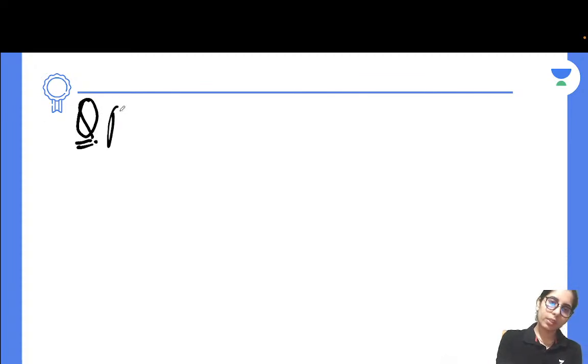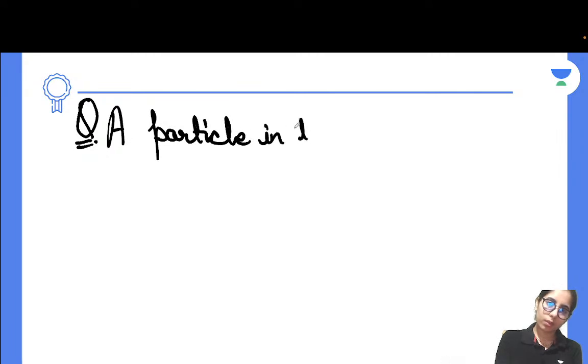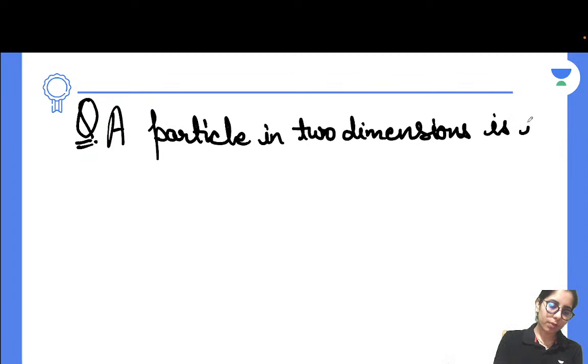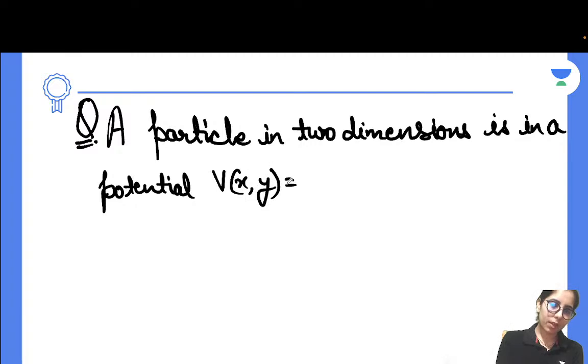A particle in two dimensions is in a potential, which is V as a function of x and y, equal to x plus 2y.